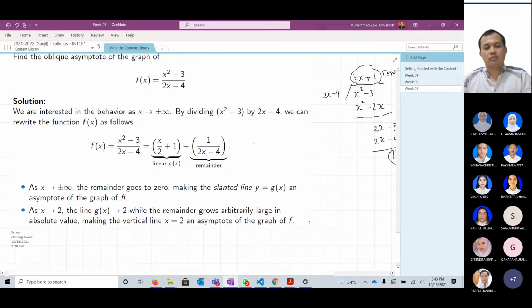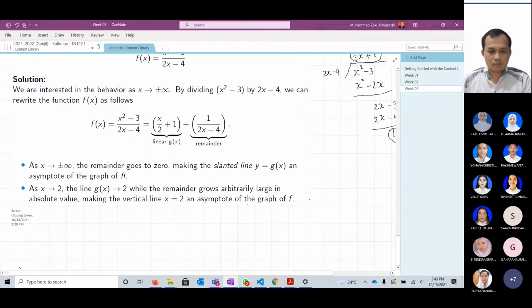Jadi limit x goes to infinity of 1 over 2x minus 4 is actually limit x goes to infinity of 1 over x over 2 minus 4 over x, which is 0 over 2 minus 0, which is 0.